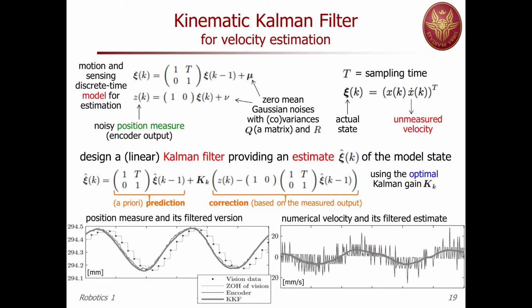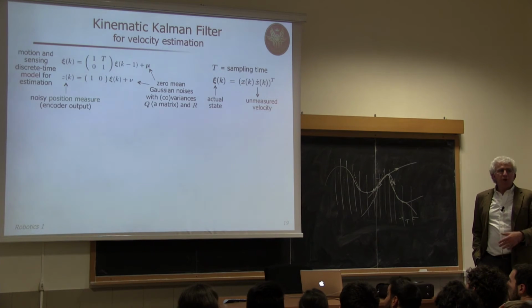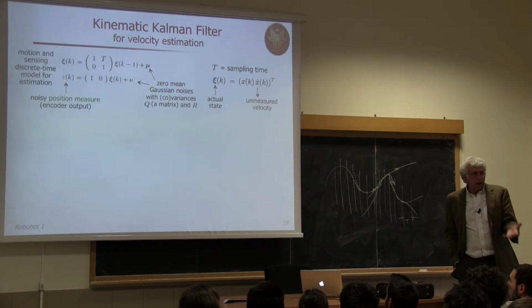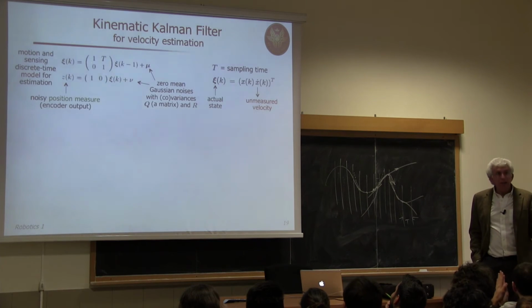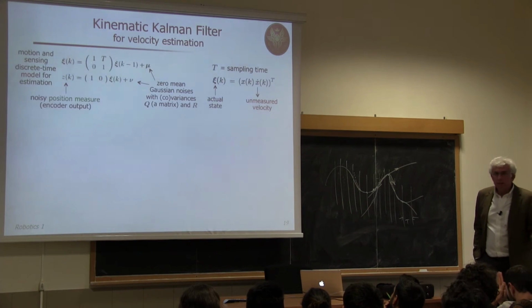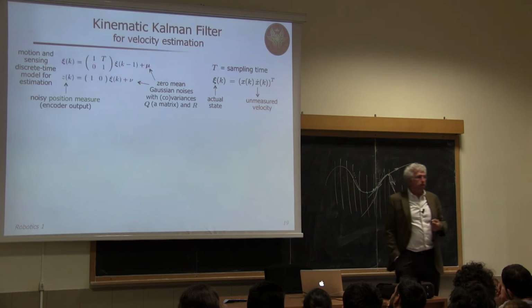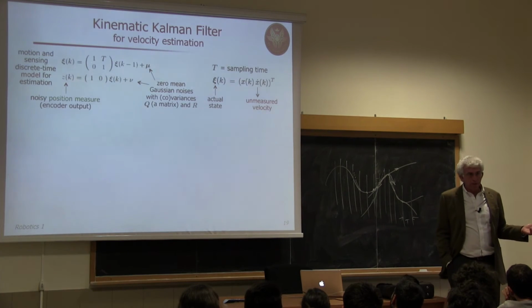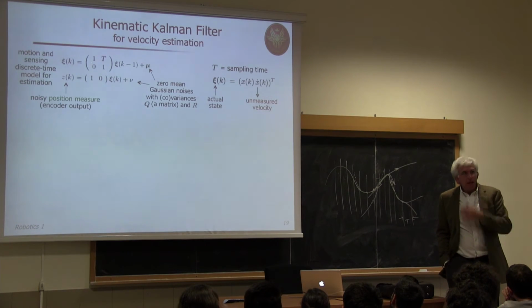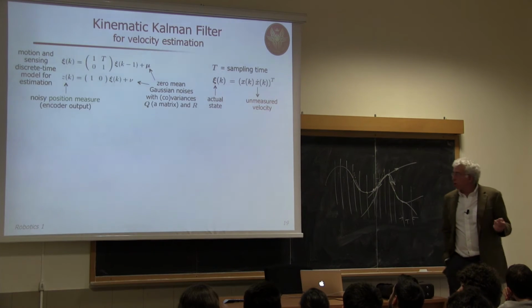So you have a process that is not known exactly, and this poor knowledge is modeled by noise. Then you take measurement on the output of this system, and the measurements are typically noisy, and you model this noise. And out of this, you try to extract, in the best possible way, the actual value of the state of your process. So eliminating as much as possible noise in this process.